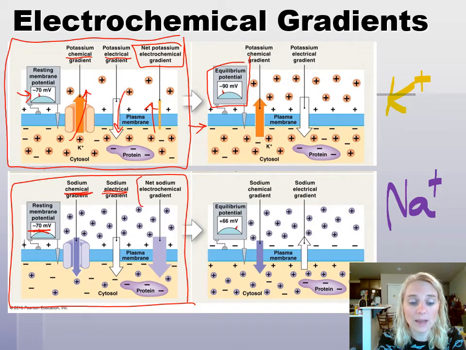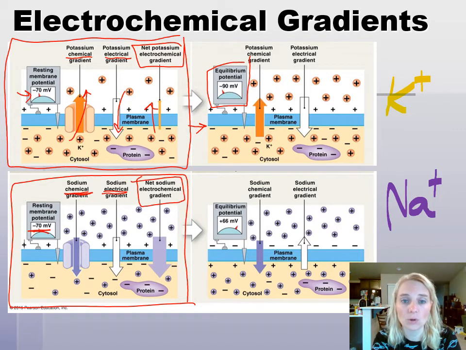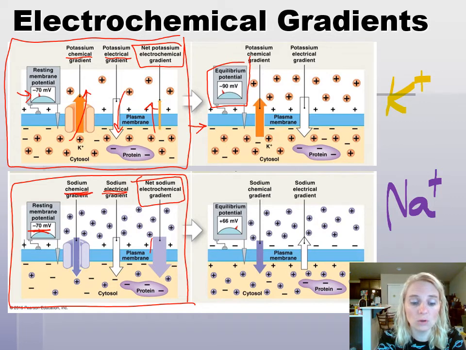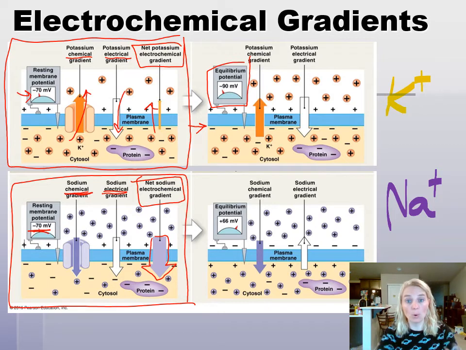So if we combine that to our net electrochemical gradient, we have a huge influx of sodium coming into the cell because both of those gradients are in the same direction. The electrical gradient wants to move sodium in, the chemical gradient wants to move sodium in. We add those together, we get this huge influx of sodium if the membrane becomes permeable. And when we see that happening, look at how much difference that transmembrane potential becomes.